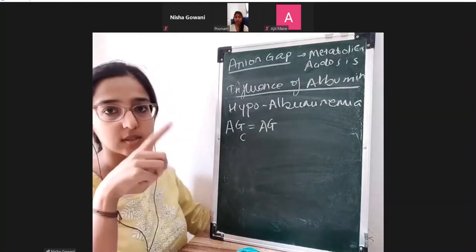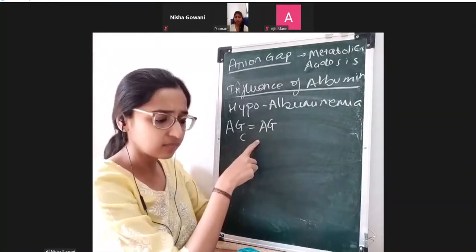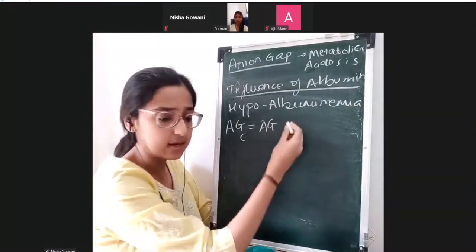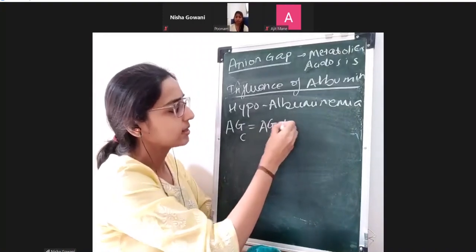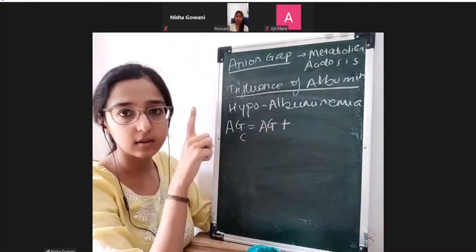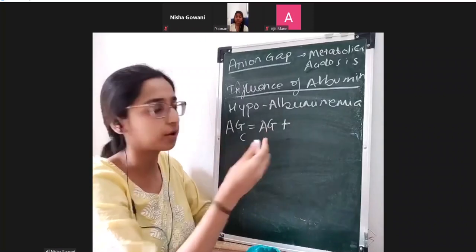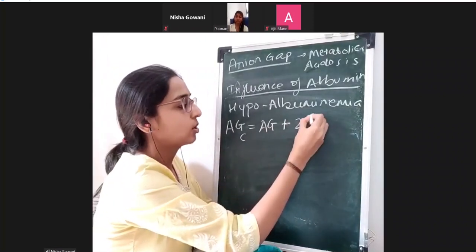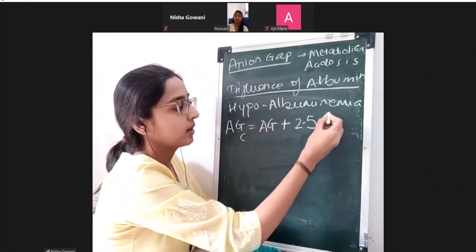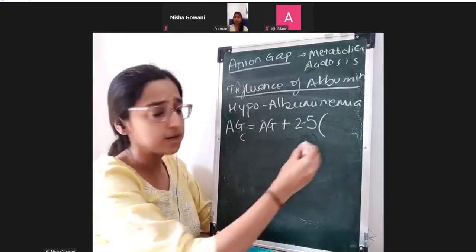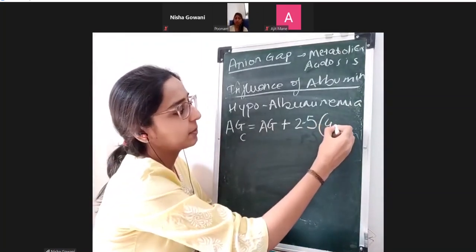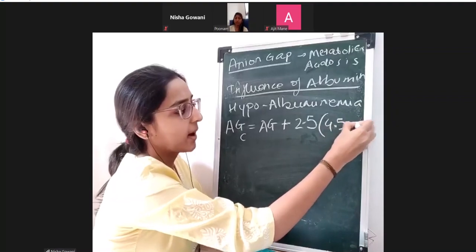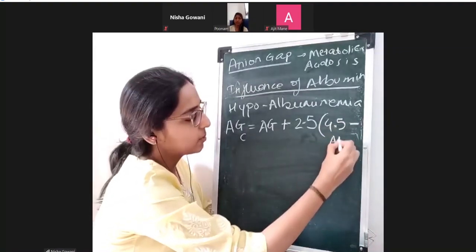Positive minus all the negative. So that is done over here. Then you'll do plus. Now we know every 1 gram per deciliter is going to be contributing 2.5 milliequivalent, right? So plus 2.5 into, then you will do what is the normal albumin level of a person, 4.5 minus, then how much is the albumin in the blood?